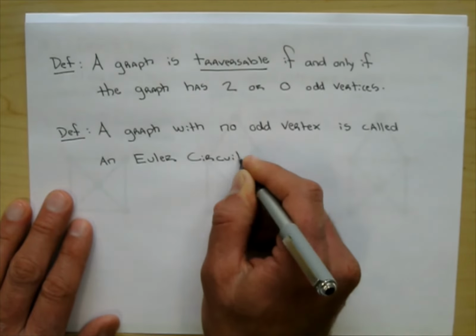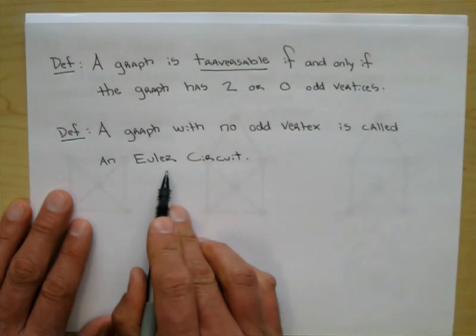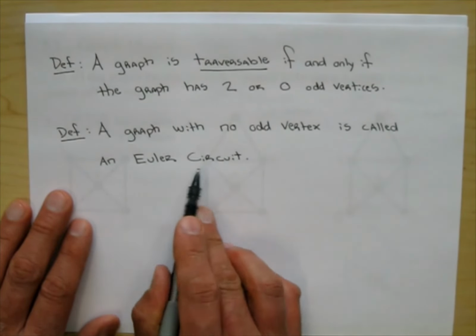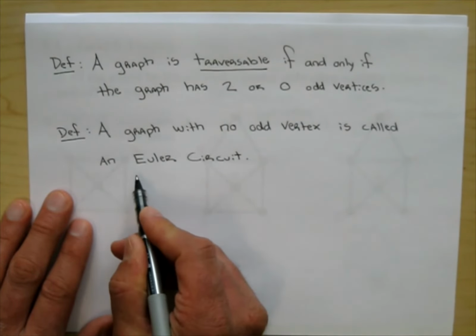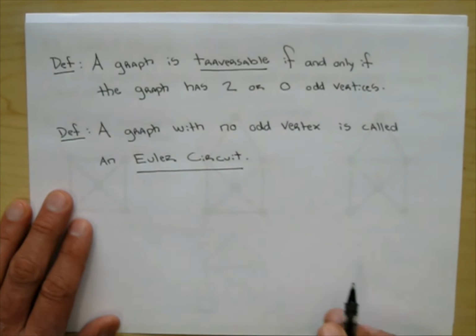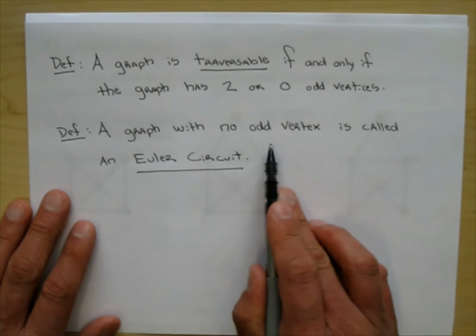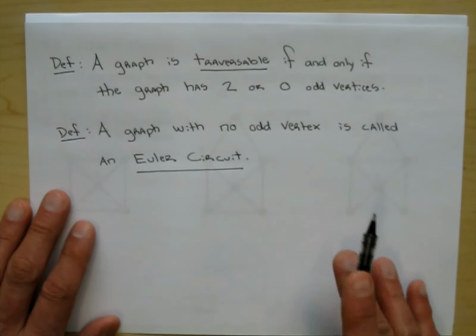So what does that word look like? It looks like Euler, but it's not. It's Euler, so it's pronounced Euler. So that's called an Euler circuit, a graph with no odd vertex, or you can say 0 odd vertices.